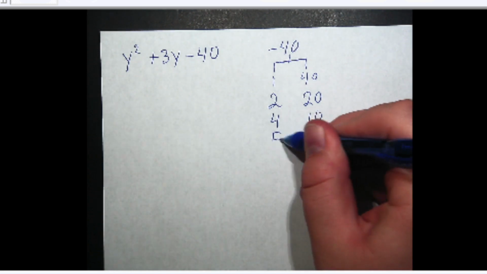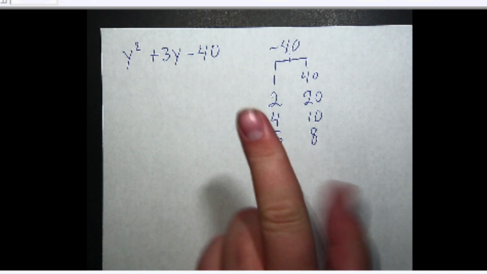There's one more. Okay, think about this. 40 ends in a 0, so it's divisible by 10, and what else? Oh, 5. So 5 has to be a factor. 5 and 8. Yeah, 5 and 8.